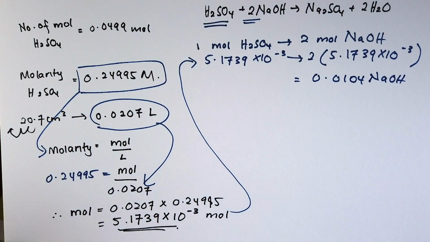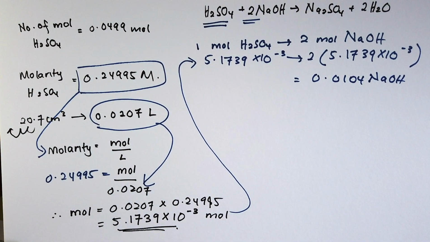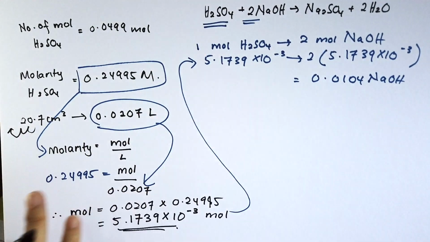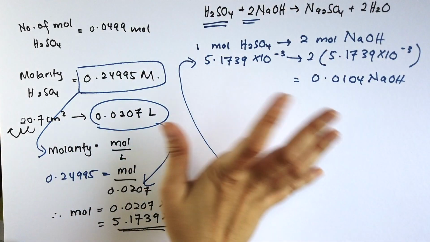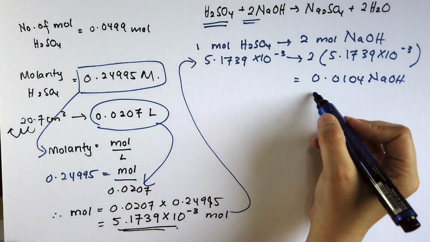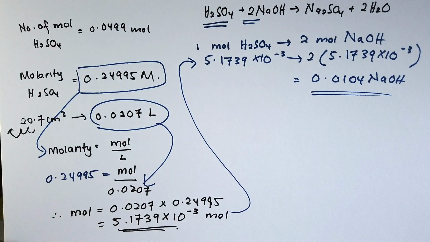Right, this is the number of mole, because it states in the question that it's being used to neutralize. So we assume that it should go until the end of the reaction. So this is how much sodium hydroxide is being used inside this reaction.